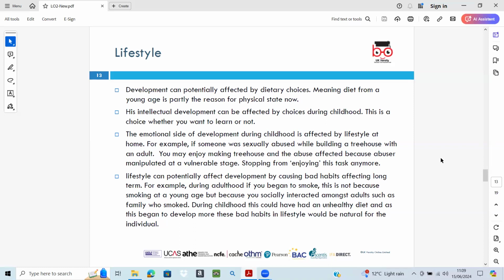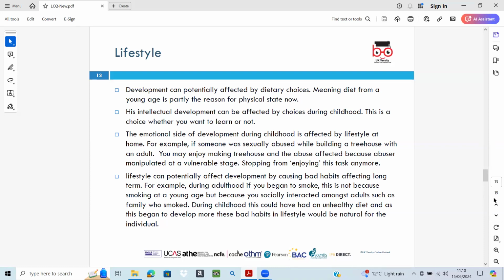They all can influence long-term well-being and health outcomes in adulthood. An example is continuing bad habits from childhood, such as unhealthy eating or smoking, influenced by family interaction or social environment, which can have a lasting effect on an individual's health and well-being.